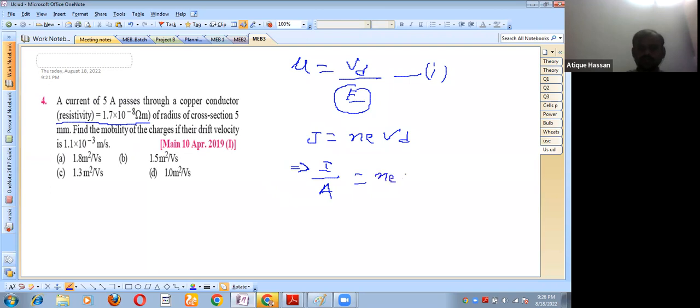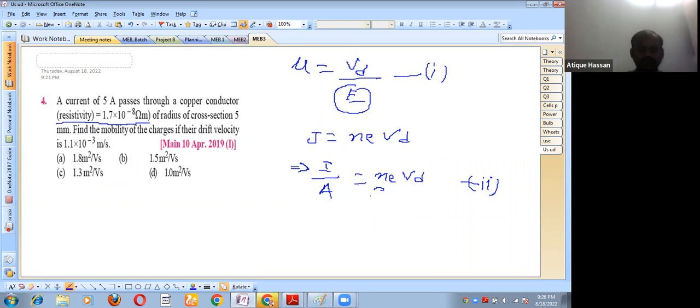We don't know n, right? So this equation may not work out since we don't know the value of n, the number of charge carriers. The area is given, which we can calculate, and the current is given.